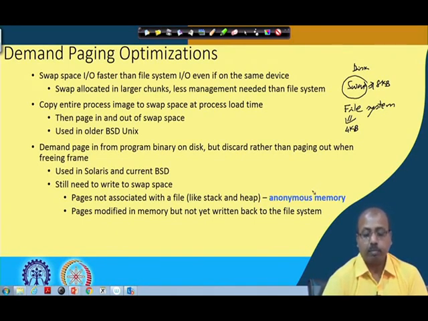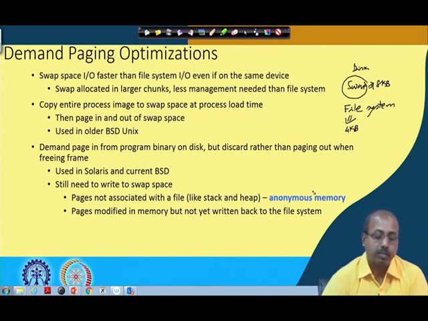So managing the file system is more tricky, and it has to be more efficient than managing the swap space. Naturally, swap space management being simpler, the access is going to be faster. So, swap space IO is faster than file system IO, even if they are located on the same disk.